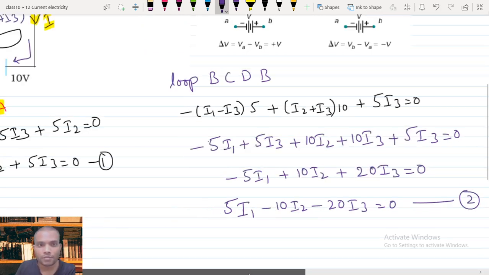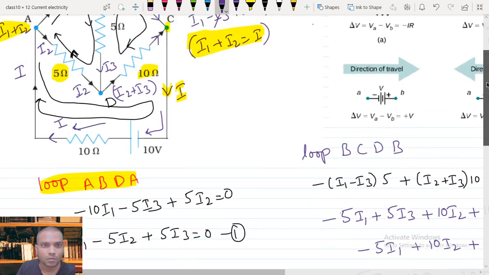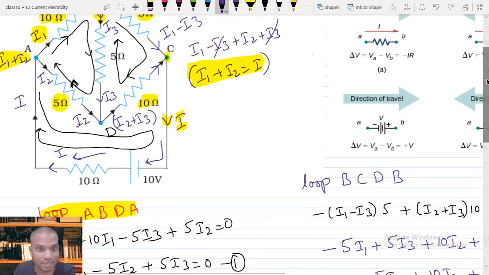Now we were left with the third loop. So try to get it from this messy diagram.